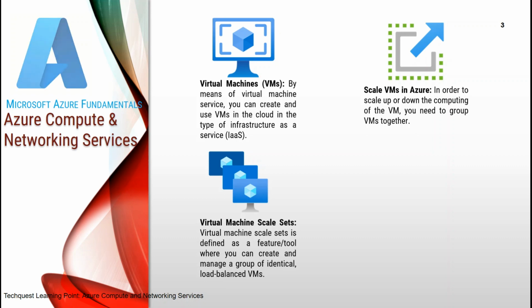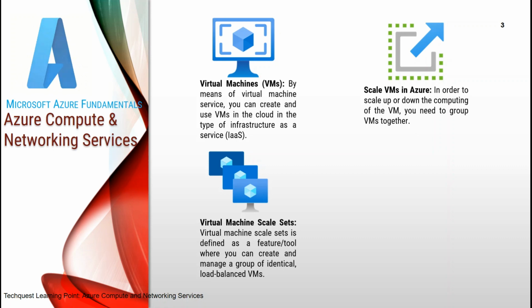It's also essential to monitor the utilization to determine if you want to increase or decrease the number of VMs. Instead of these manual tasks, most of that work can be done automatically by using virtual machine scale sets.